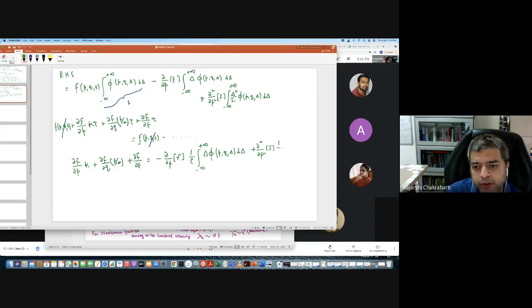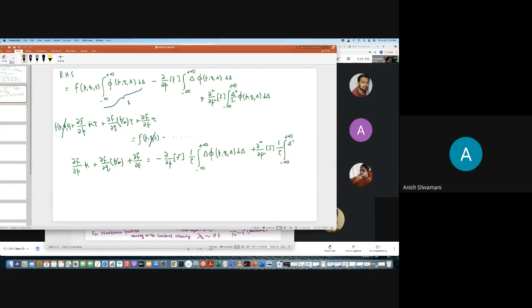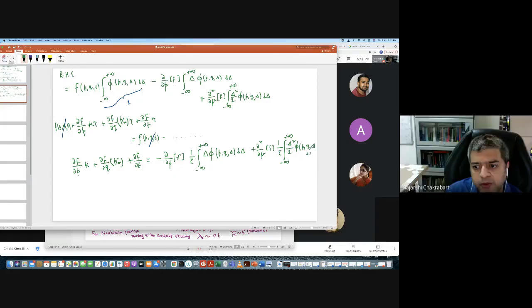I hope all of you are following. So this is very similar to what we did in the last class. On the RHS, why do we have a jump only in momentum space? Because here the jump is in the momentum space. We are not looking at position.